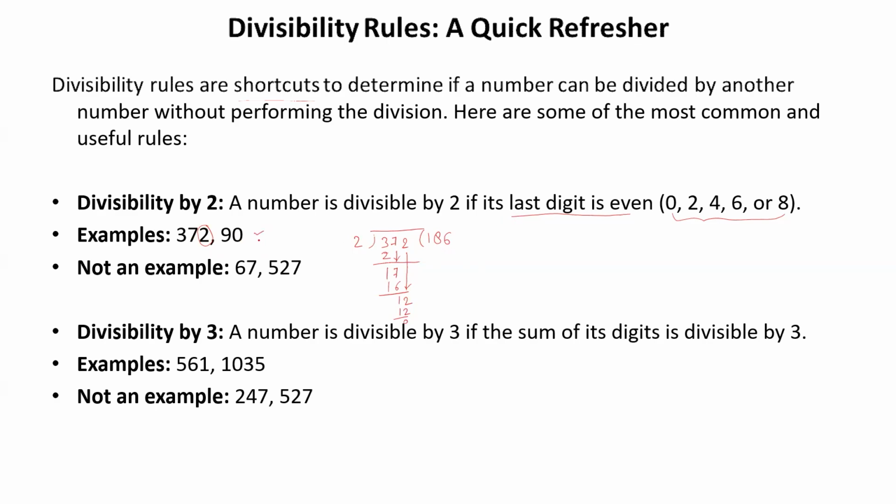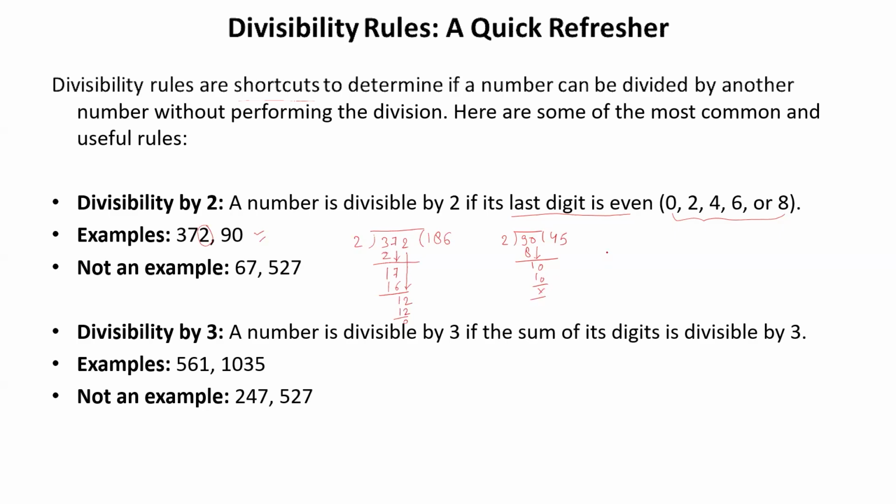Let's look at this number also, 90. Again, look at the last digit. The last digit is 0. This digit is again an even number. So according to the rule, 90 should also be divisible by 2. Let's check. 90 divided by 2. So 4 times 2 you will get 8. Remainder is 1. Take this 0 down. 5 2s are 10.